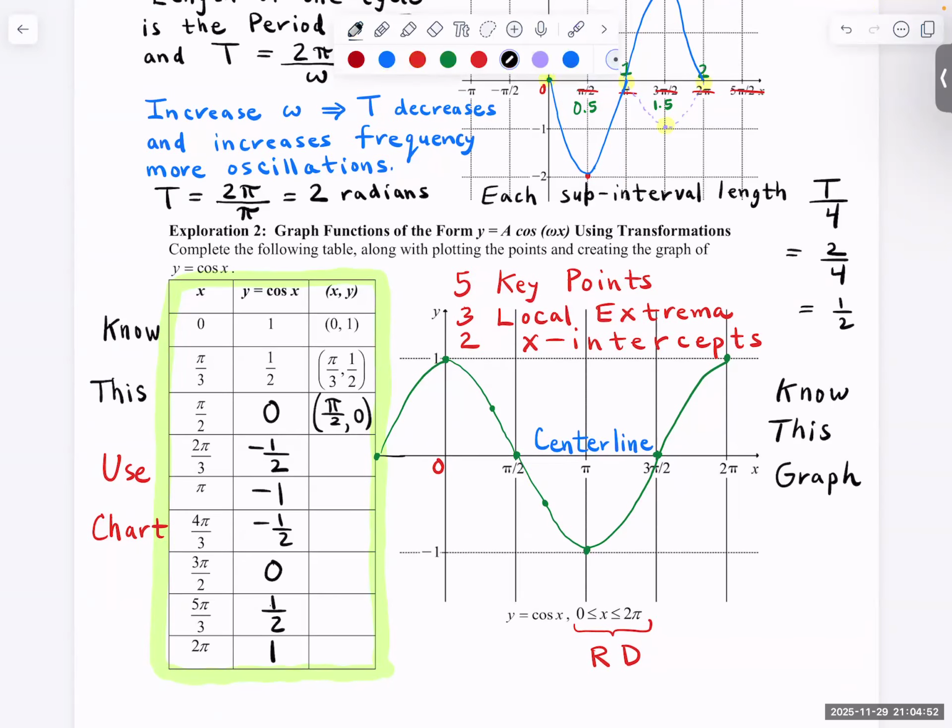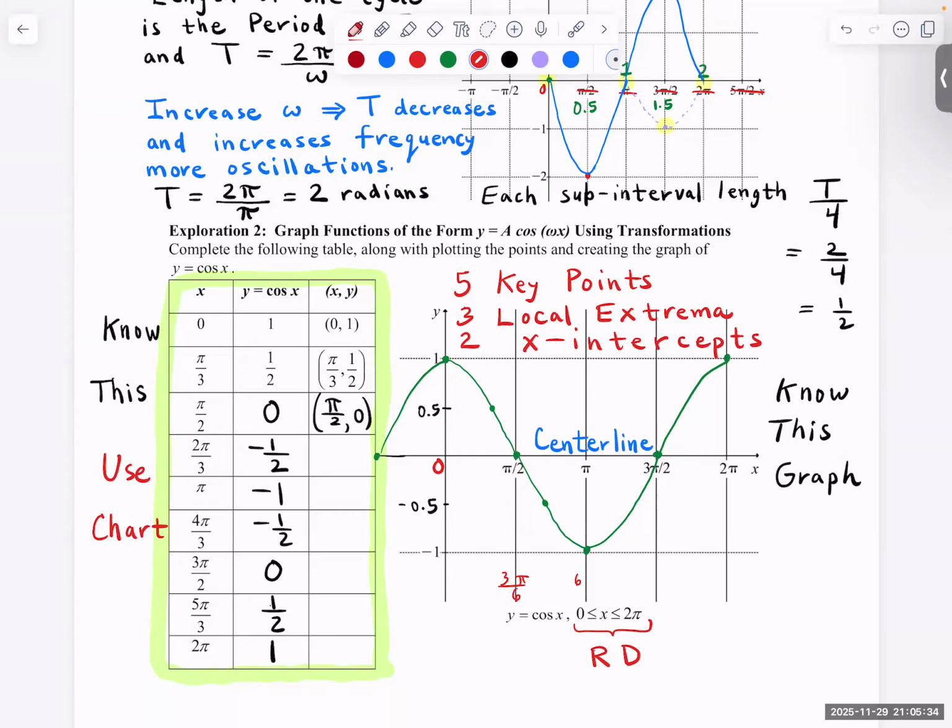So let's pause here and let's mark 1/2 and negative 1/2 on the y-axis. Now the angles that are given are at pi over 2, pi, 3 pi over 2, and 2 pi. But in the table, we have pi over 3, 2 pi over 3, 4 pi over 3, and other angles that are not on this scale on the graph. So let's think of pi over 2 as being 3 pi over 6.